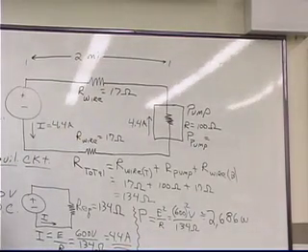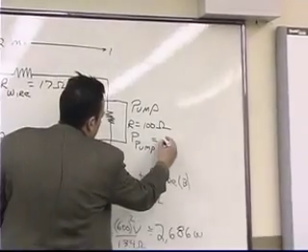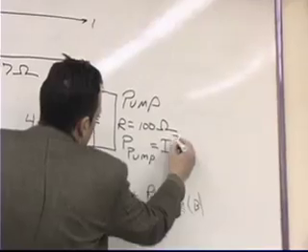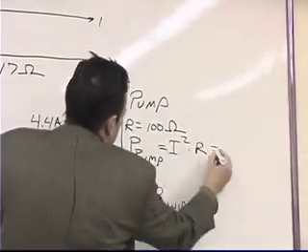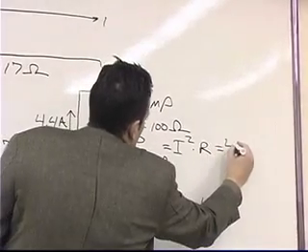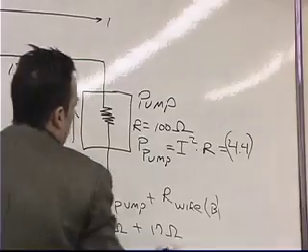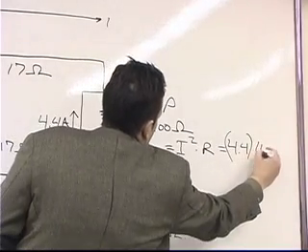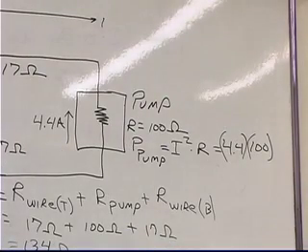I squared times R. Power is equal to current squared multiplied by resistance, which is equal to, in our case, 4.4 amps squared multiplied by 100 ohms. I'm just running out of room, that's why I'm not writing the units.